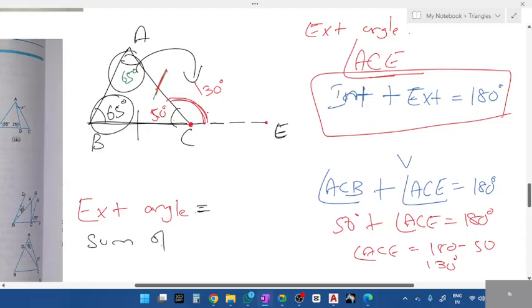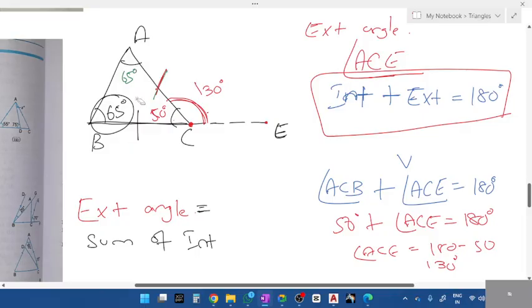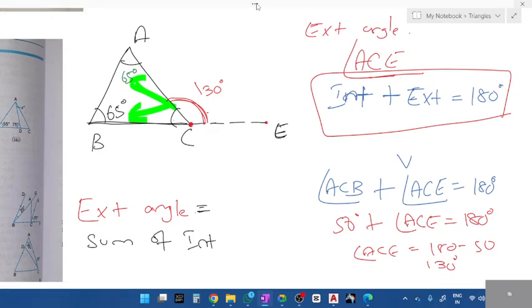Sum of interior. How are these angles A and B related to this exterior angle? Are they next to each other or in opposite direction? They're opposite, right? So this is the next formula, students.